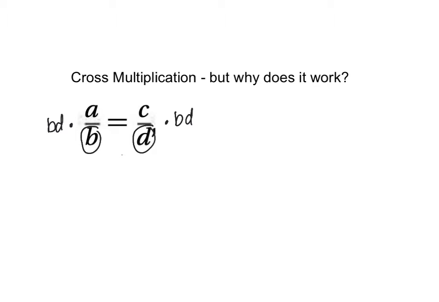The B's on the left side would cancel, and the D's on the right side of the equation would cancel. So what we're left with is D times A equals C times B. And that's exactly what we wrote when we cross multiplied as well. AD equals CB. Okay?